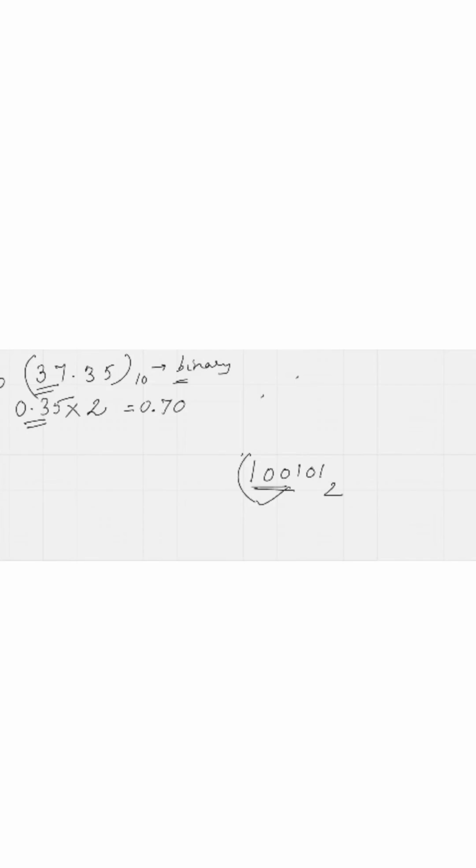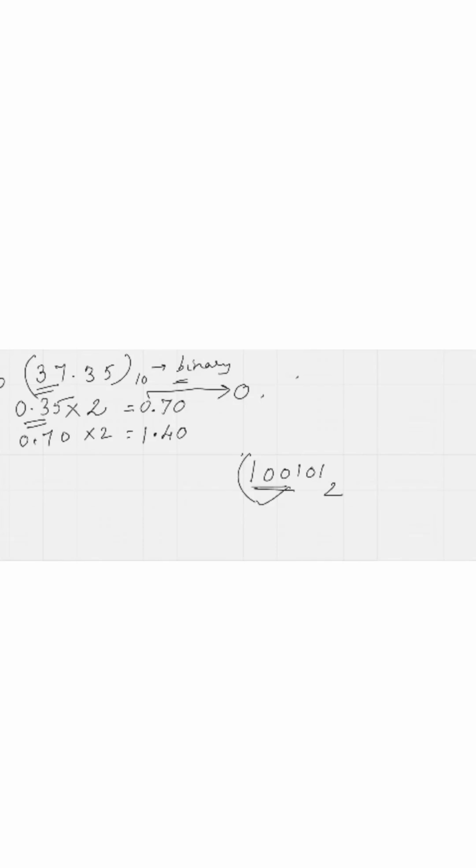From this we need to take the whole number we have got. The whole number here is 0, so we consider only 0. Again we multiply 0.70 with the base value 2. 2 zeros are 0, 7 2s are 14, so 4, and 1. After the 2 place the decimal.